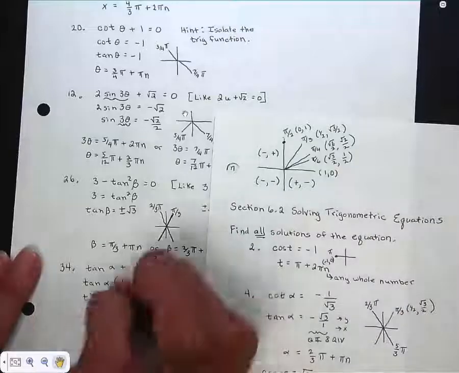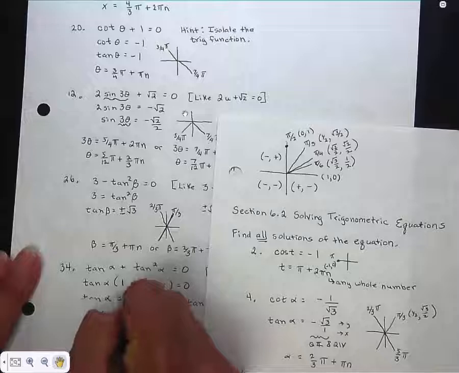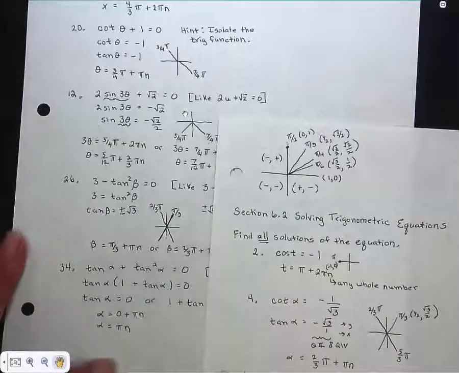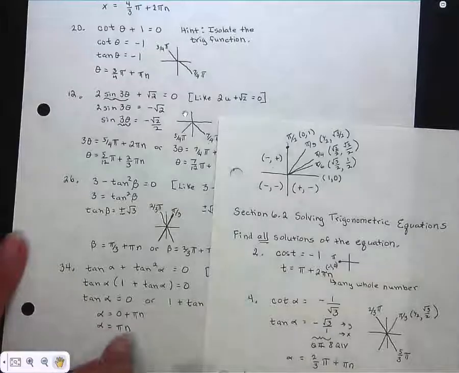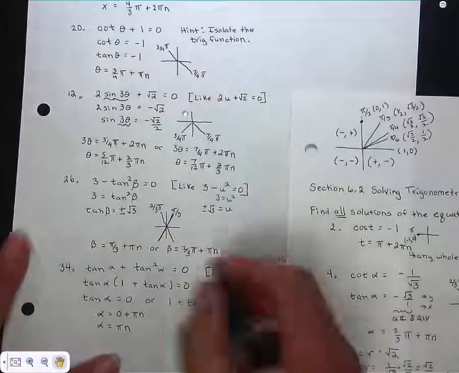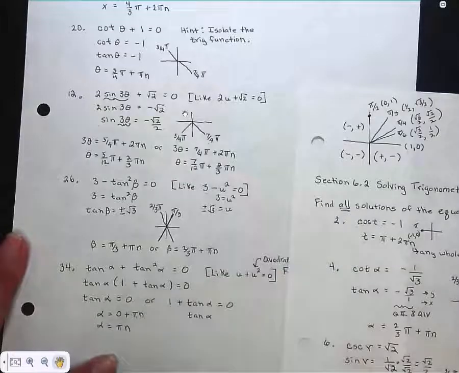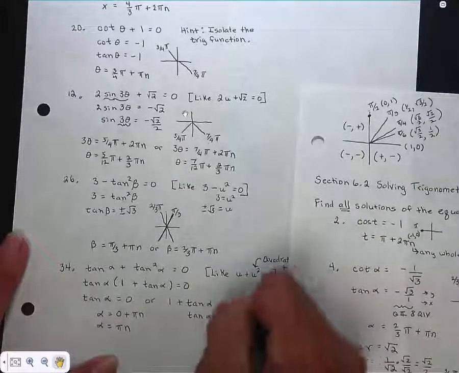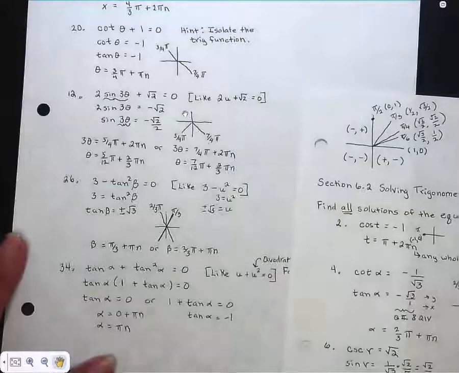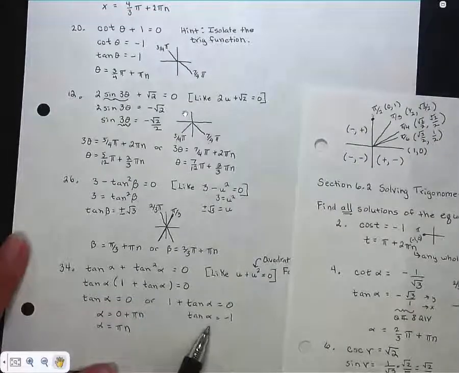So instead of 0 plus pi radians, a simpler way to write that would just be all the multiples of pi radians. Any angle which is a whole pi would make this original equation true. The second equation, if we solve for alpha, we'd have to subtract 1 from both sides, and then think about the angle whose tangent is -1.